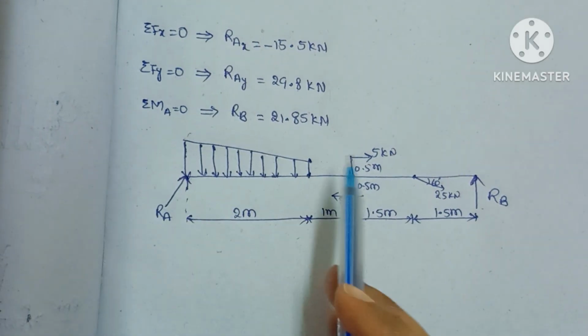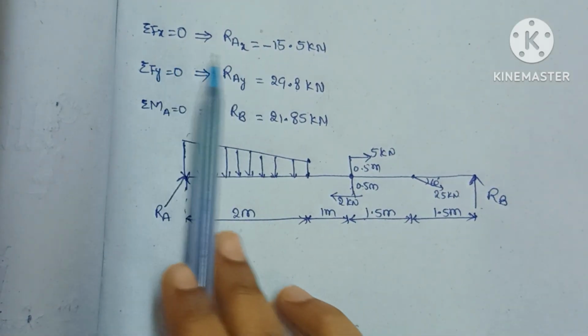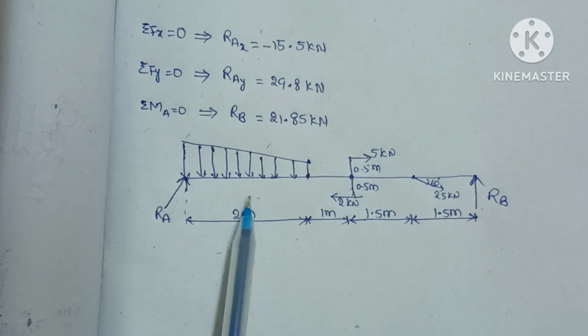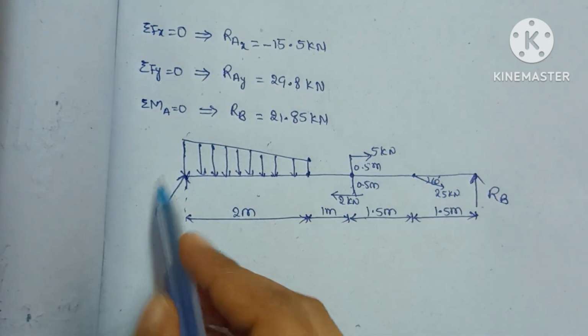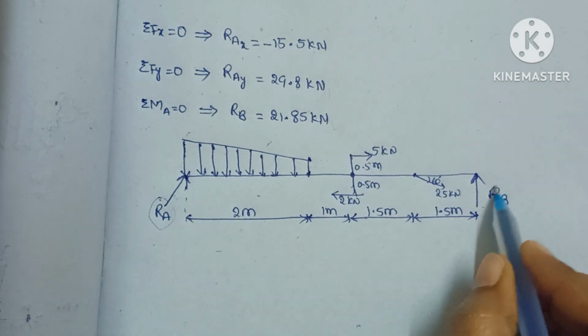So whatever results we got from those equations I wrote here, I draw the diagram to represent RA and RB.